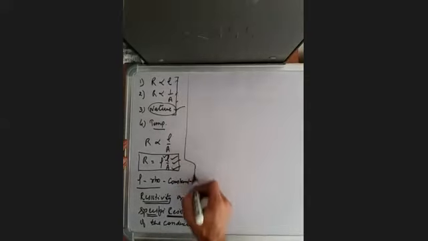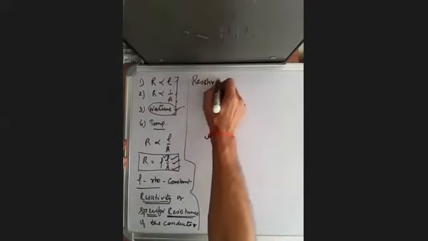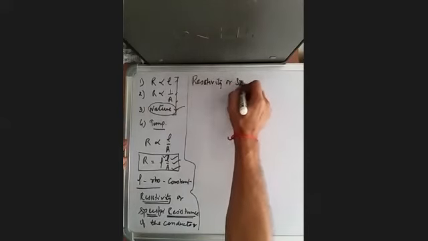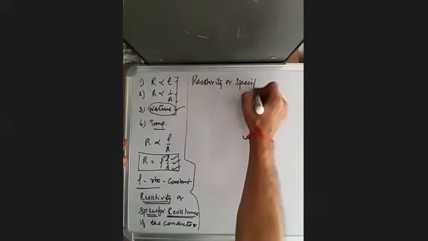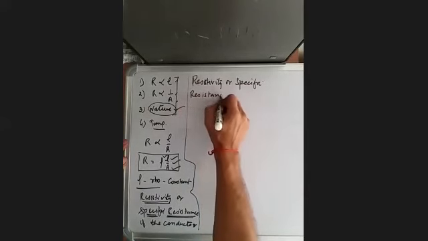Now let us understand what is resistivity, or specific resistance, of the conductor.